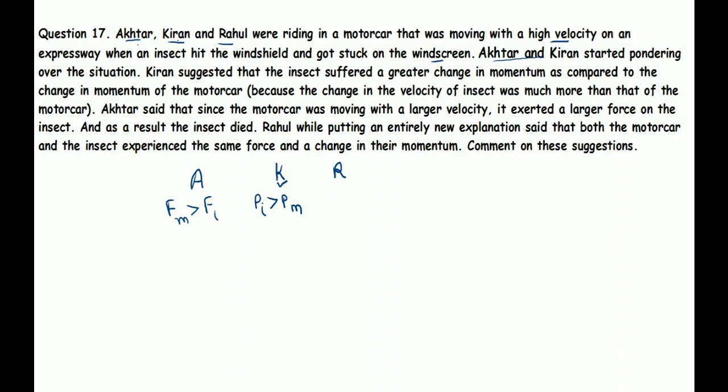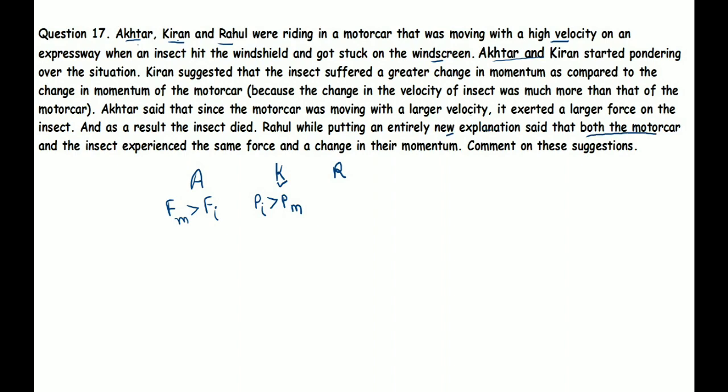Okay, what is Kiran saying? Kiran is saying that the initial momentum of the insect is larger than the momentum of the motor car, and because the insect has greater momentum, it has died. Okay, now what was Akhtar saying?